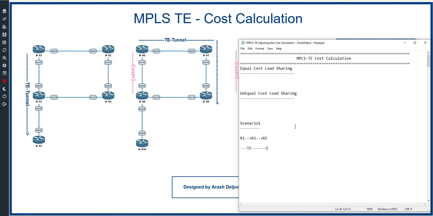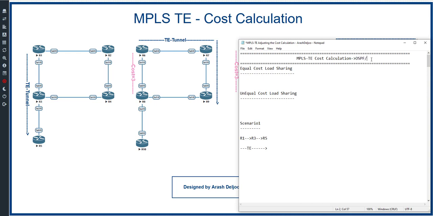The cost of a TE tunnel is the lowest IGP cost between R1 and R5. As you can see here, we have two paths. Also, let me say that in this video, I'm going to use OSPF.